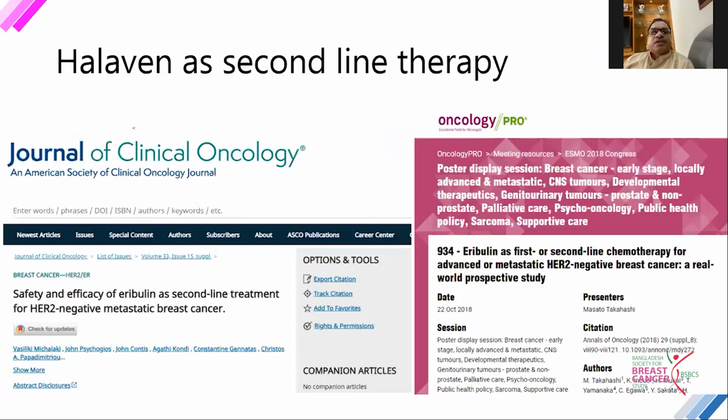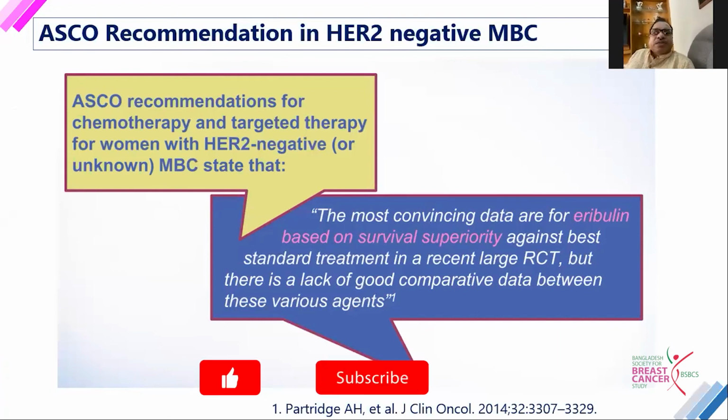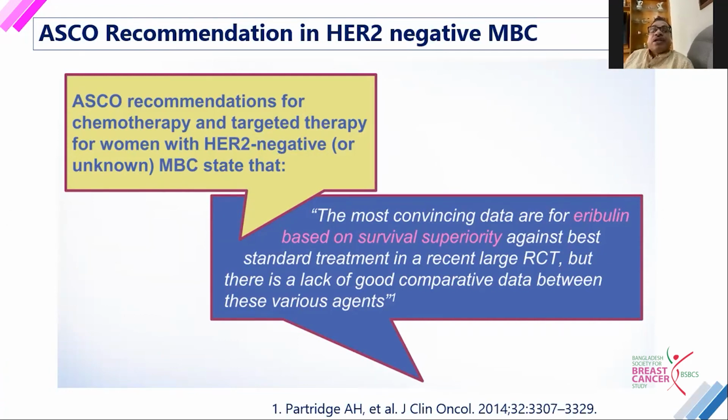In the ESMO recommendations for chemotherapy and targeted therapy for women with HER2 negative metastatic breast cancers, the most convincing data are for Eribulin, based on survival superiority against best standard treatment in a recent large randomized trial. But there is a lack of good comparative data between these various agents. This was the comment in the ESMO recommendation.